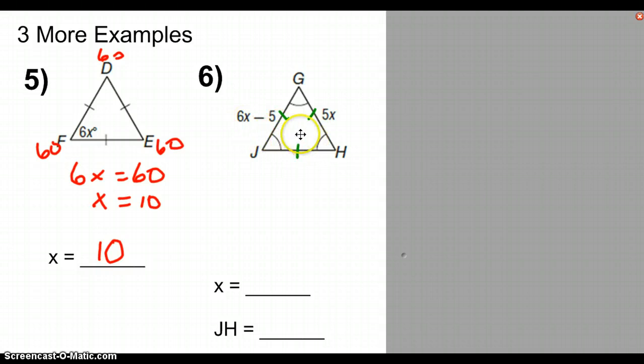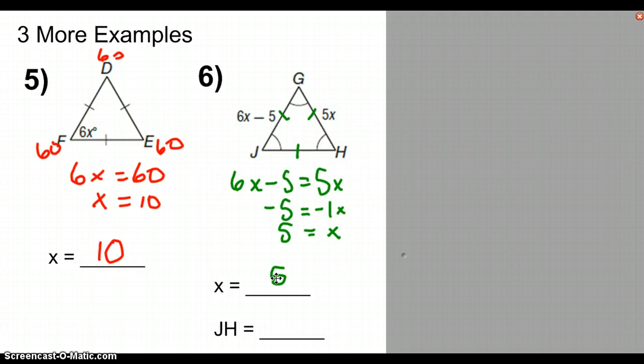Now, using this relationship, we know that 6x minus 5 for segment GJ and segment GH represented by the expression 5x are going to be equal. And so if we solve this equation by subtracting 6x, we have negative 5 equals negative 1x. And if we divide by negative 1, we see that x is equal to 5.